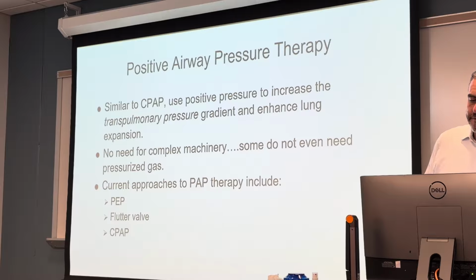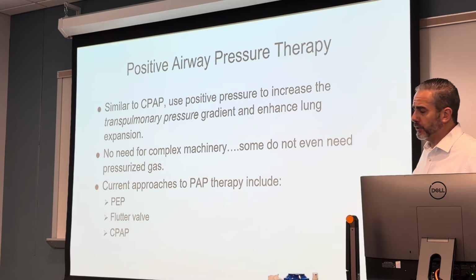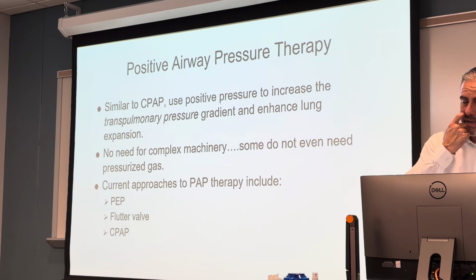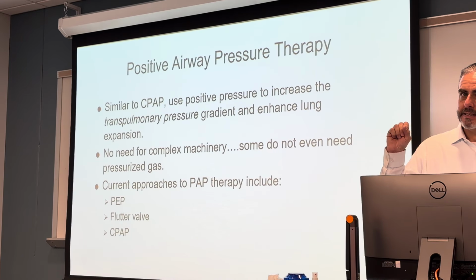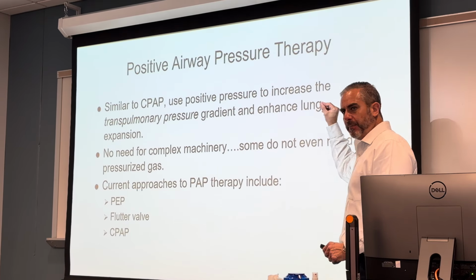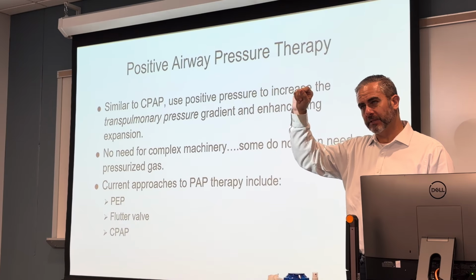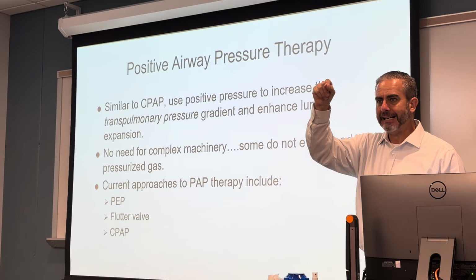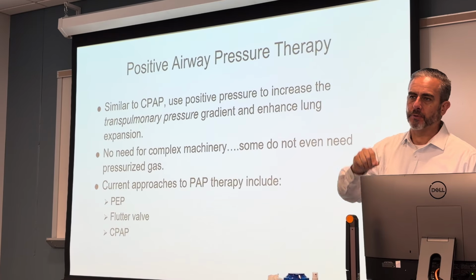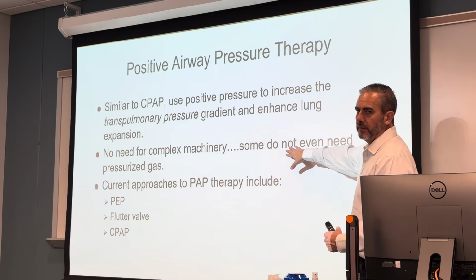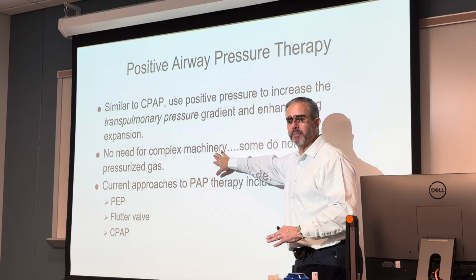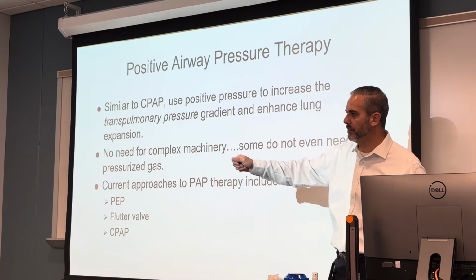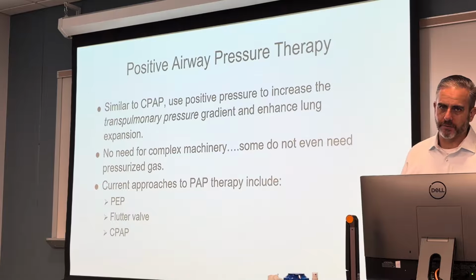Last bit here, positive airway pressure therapy. So again, providing positive pressure increases the transpulmonary pressure gradient, enhances lung expansion. But with this type of therapy, PAP therapy, which sometimes could also be tied into PEP therapy, positive expiratory pressure therapy, no complex devices, not needing equipment that needs to be plugged into something, like a pneumatic gas source, for example.